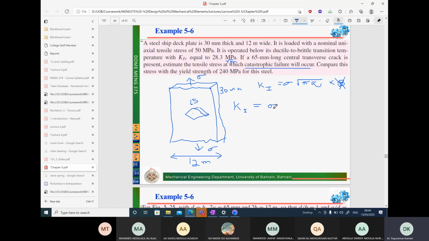So sigma critical root pi A, times we have 65 over 2000 in meters, and that should be equal to your KIC value, 28.3 megapascal root meter. And we can calculate the sigma C value from here directly.